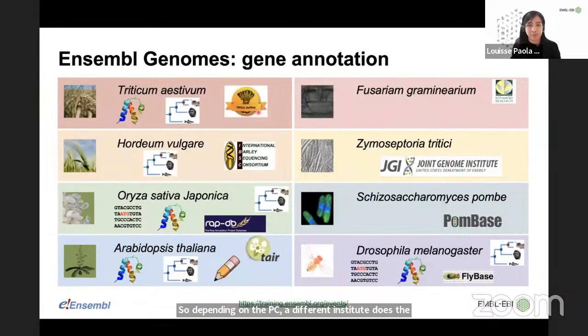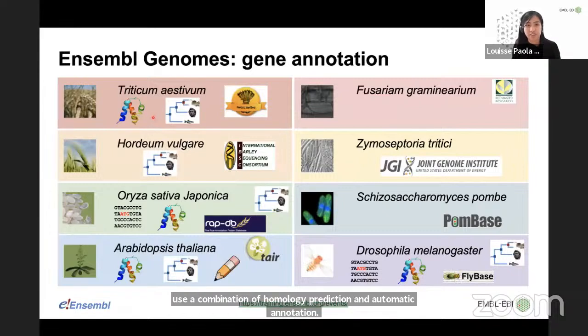So for example, for Triticum, we already know for wheat, the annotation is done by the International Wheat Genome Sequencing Consortium, IWGSC. And what they do is they use a combination of homology predictions and automatic annotation to annotate the genes.